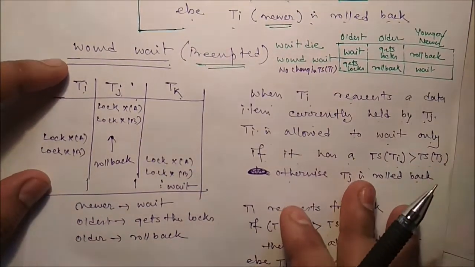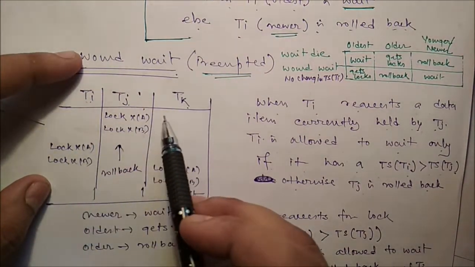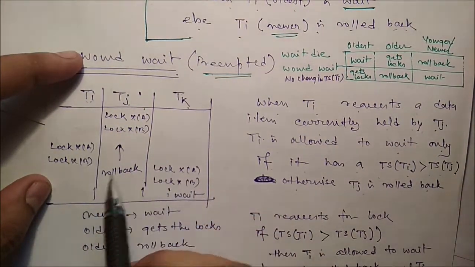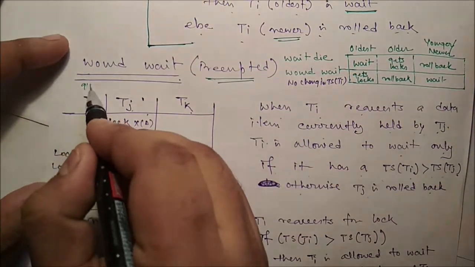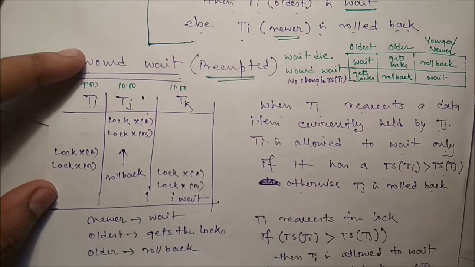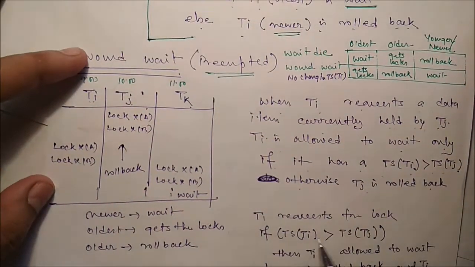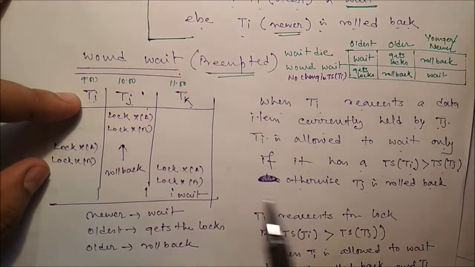That means Ti and Tj, these two transactions, are going on. Assume TS(Ti) is 9 am, TS(Tj) is 10 am, and the third is 11 am. Now Ti is requesting a lock.